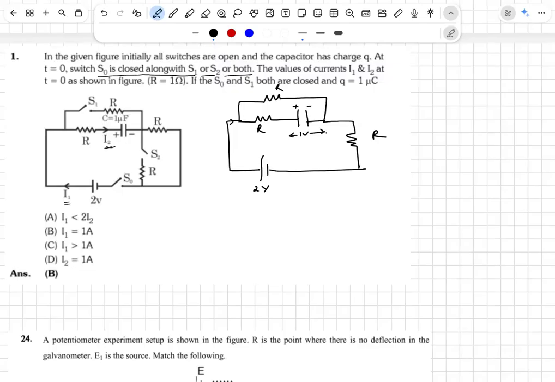Yes, it goes. Maybe the current splits as I1, I2, and again, what he has given: this is I1, this is I2, I1 minus I2, I1. 2 unknowns, 2 loops, done. You got the answer for this? Right. That is also okay, fine, no issues.